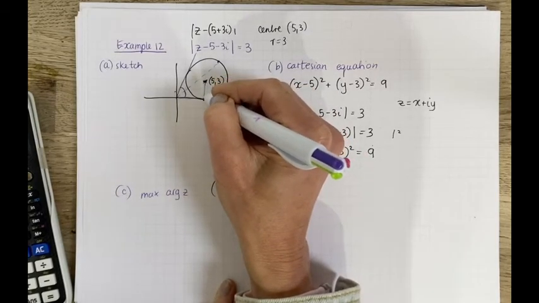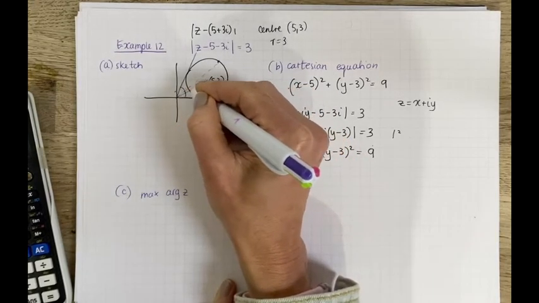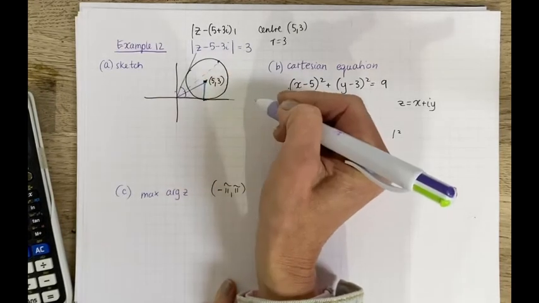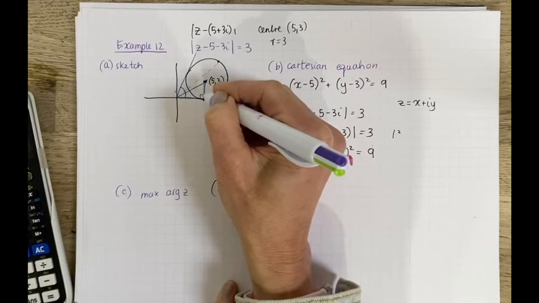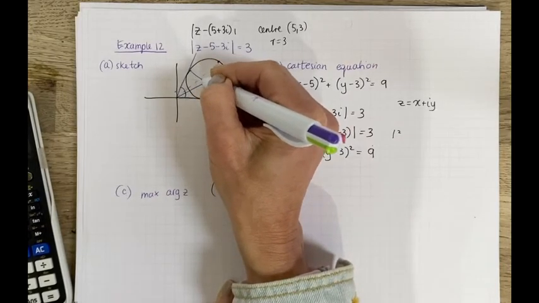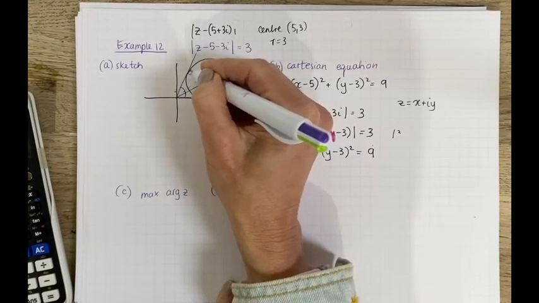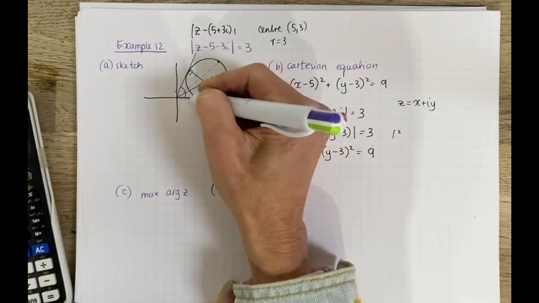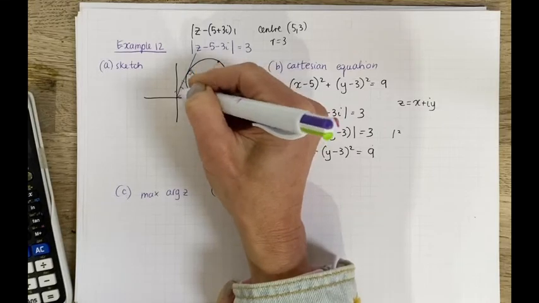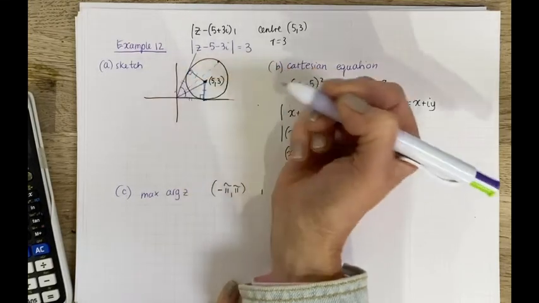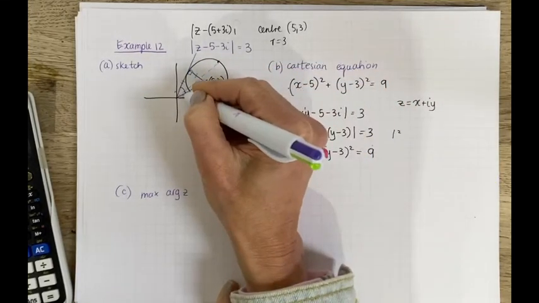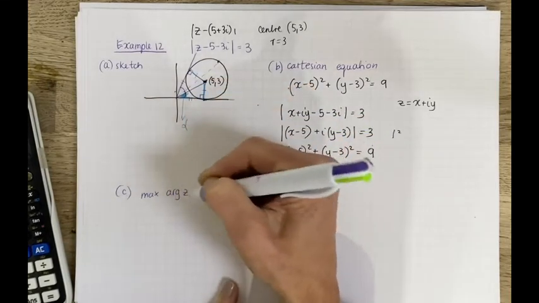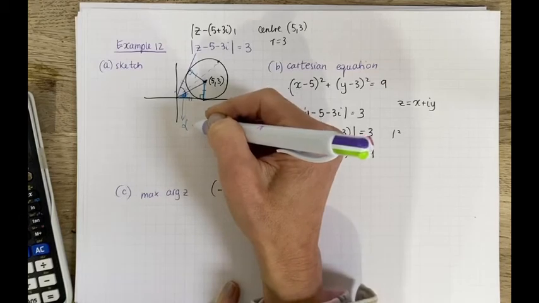Now if I draw a nice right angle taking me to the center of the circle, the property is that it's actually going to be another one like this, because the radii are the same both sides, the tangents are equal, so these triangles are exactly the same. So if I can find this angle, let's call it alpha, then our max arc is going to be 2 of these.